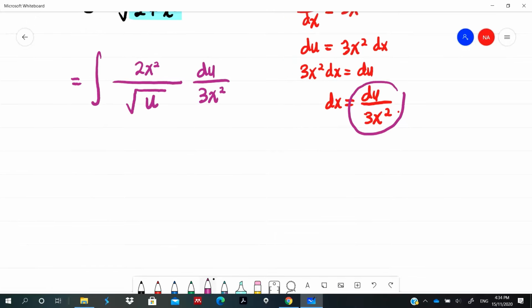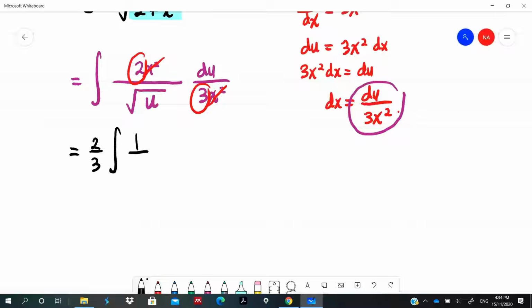Now we note that this x squared with x squared is cancelled. And I want to bring 2 and 3 outside the integrand. So we'll have something like 2 over 3 integration of 1 over that square root of u, which can be written as u to the power of 1 over 2, du.